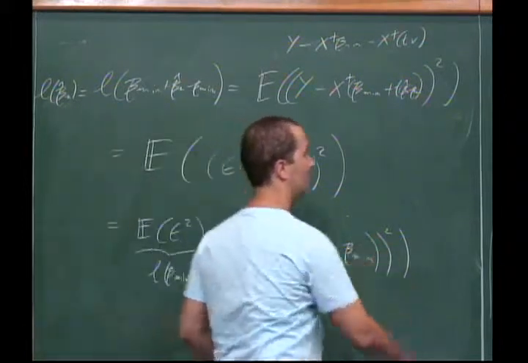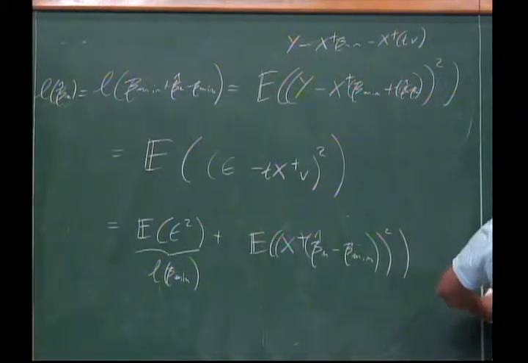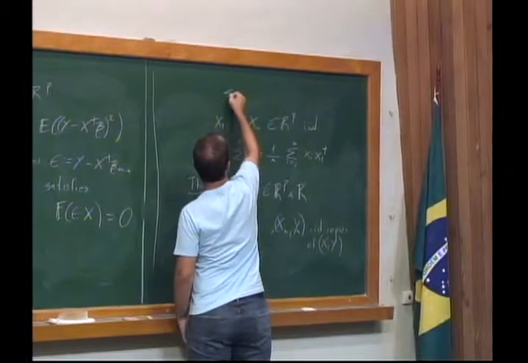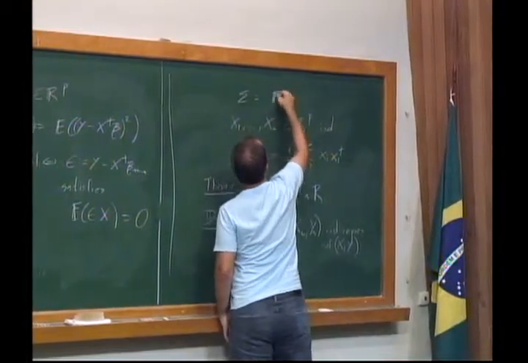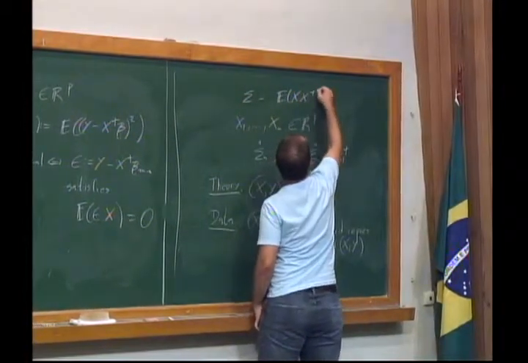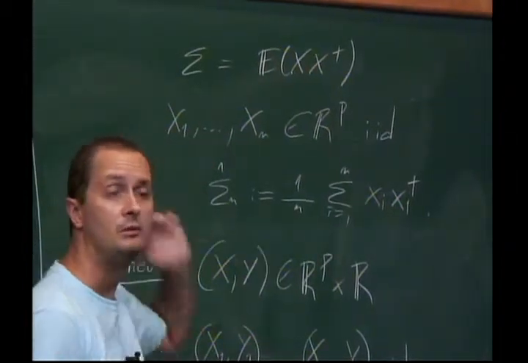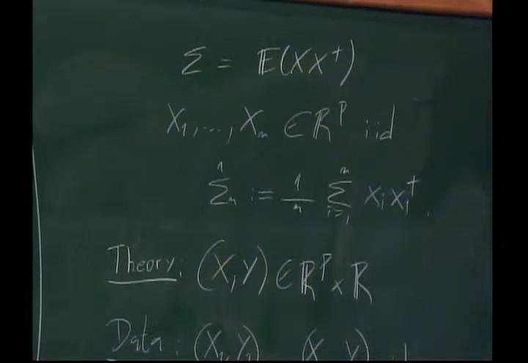Now let's look at this expression here. Again, we have a calculation that's just like the one before, but it's a bit different. Well, recall we had this notation here for the expectation of this matrix, which was sigma. Now I'm going to write it with x instead of x1, because x1 and x have the same law, right?